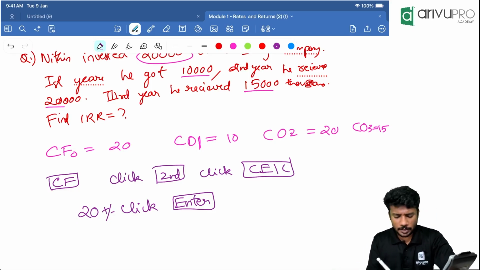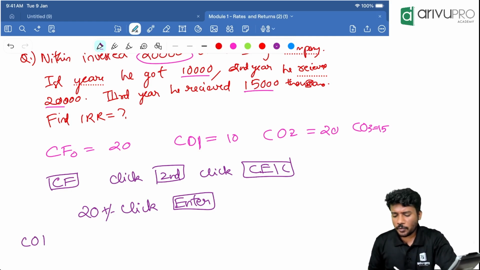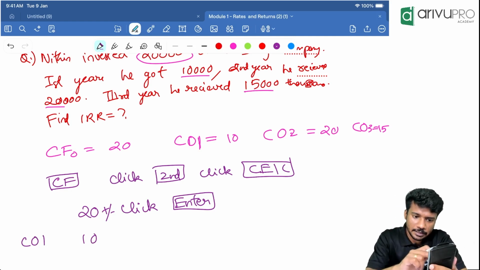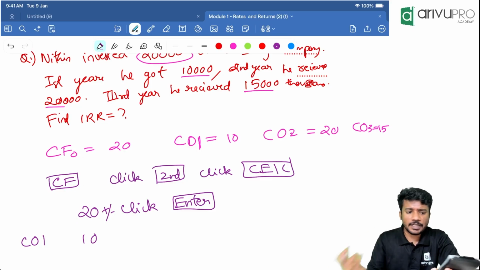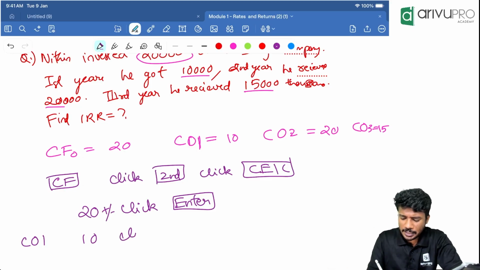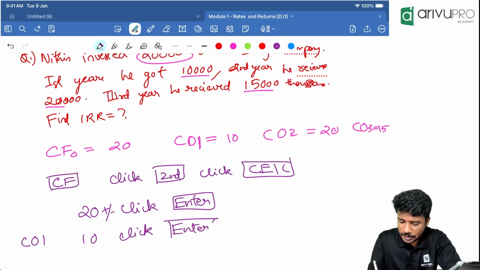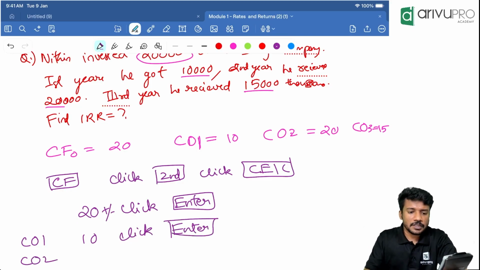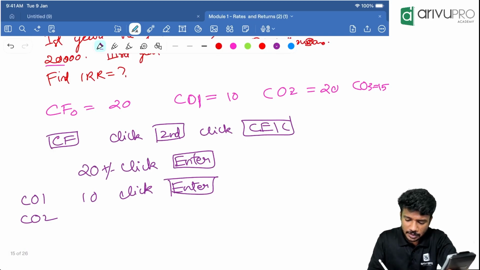Then CO1. CO1 is how much? 10. Type 10, then click enter. Then come down. FO1 is anyway 1, given over there, so it's not a trouble for us. Let it be there itself. Then come down again. CO2 is how much in our question? That is 20.